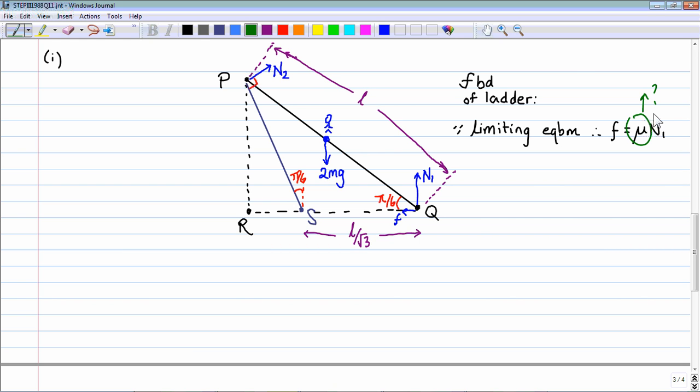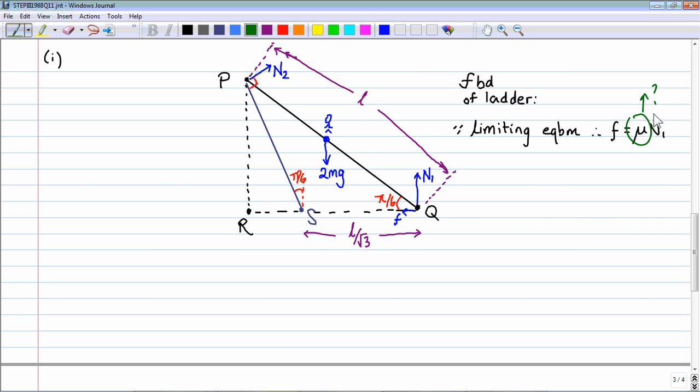We also know that the sum of the moments due to the forces about any particular pivot is also 0 for the same reason, because we have equilibrium.